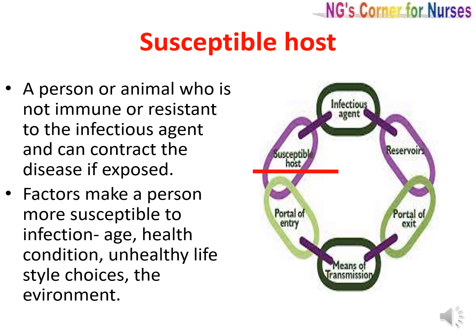Next is susceptible hosts. A susceptible host is a person or animal who is not immune or resistant to the infectious agent and can contract the disease if exposed. There are some factors that make a person more susceptible to infections, like age. Older adults and children are more vulnerable to infections.